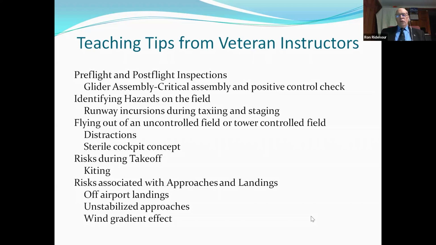In an uncontrolled field, it's a little different, but it doesn't relieve you of the responsibility for making sure you have a safe operation.